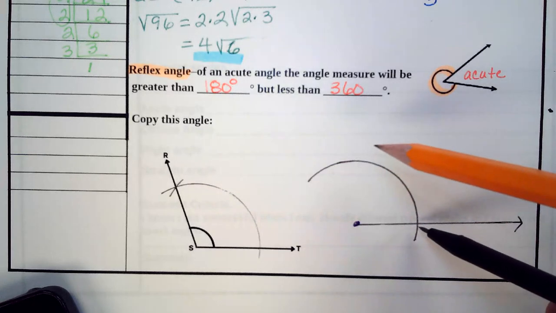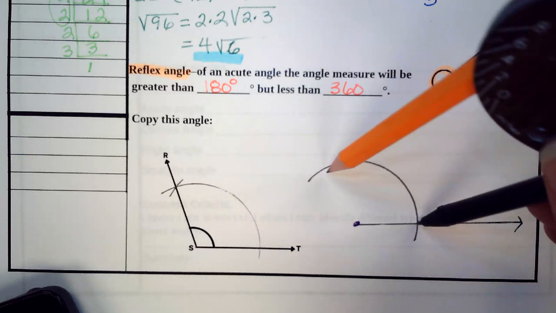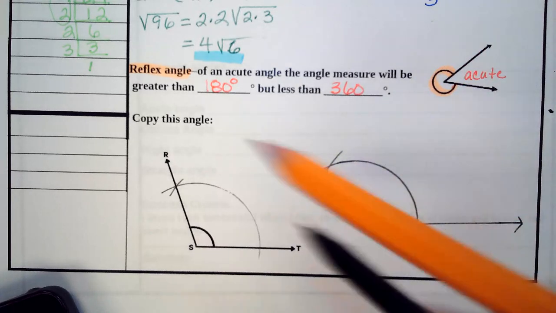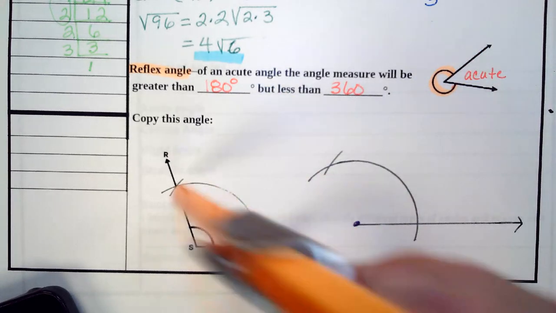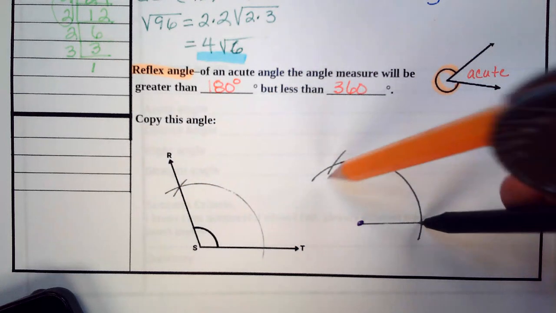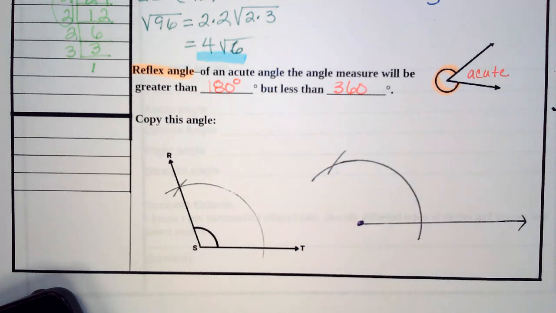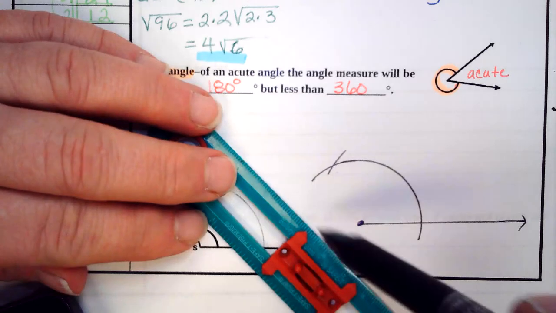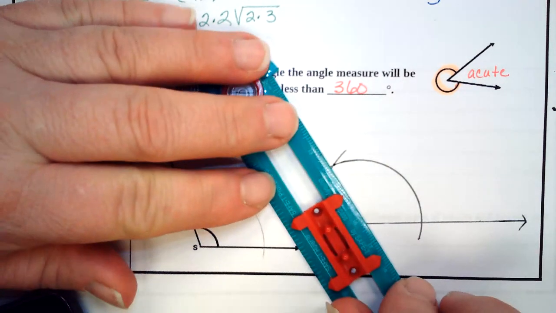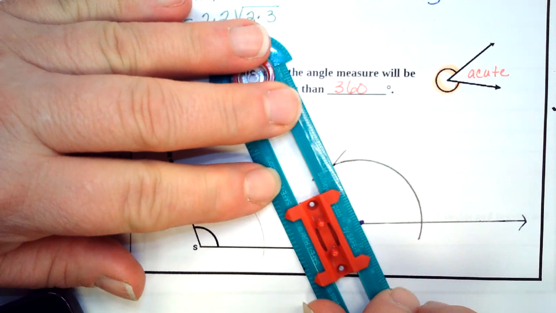I'm going to come here and do that same intersecting arc measure. I started over here, I found that measurement. I come over here and I do the same measurement. To finish my angle up, I go from my vertex through that point of intersection.